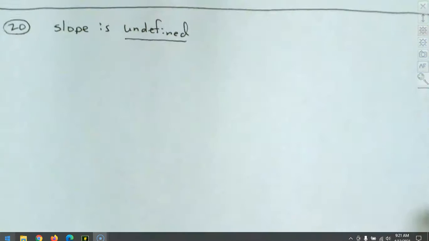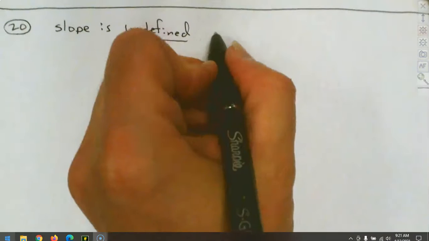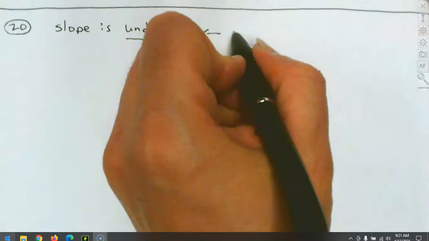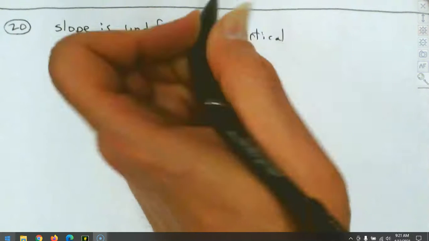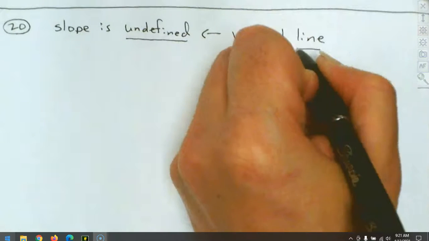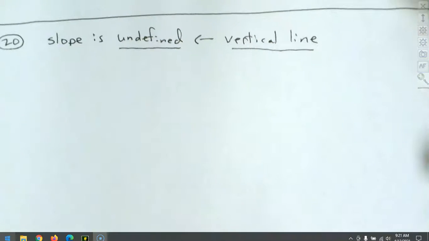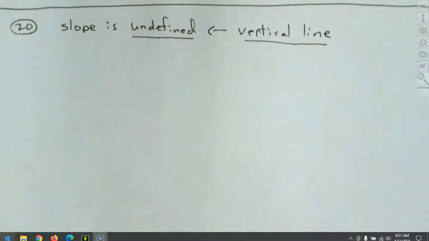And if it's an undefined slope, what is that? Well, if it's an undefined slope, that means, when you look at the slope, rise over run, it can't run. So an undefined slope, well, what is that? That is a vertical line. And that's all I'm looking for, is to make sure that you know an undefined slope is a vertical line.